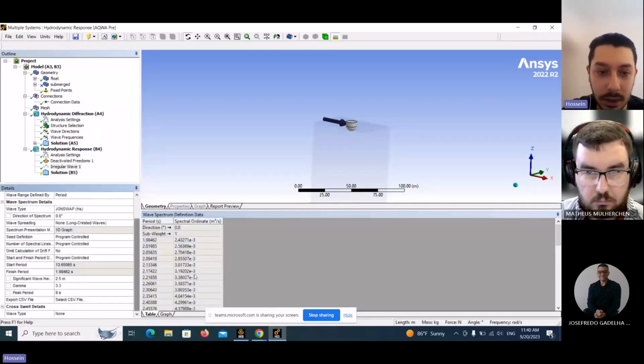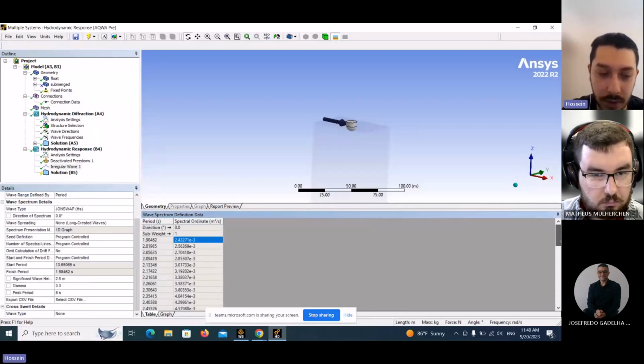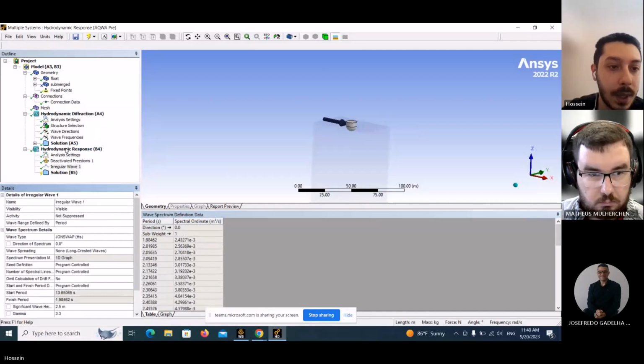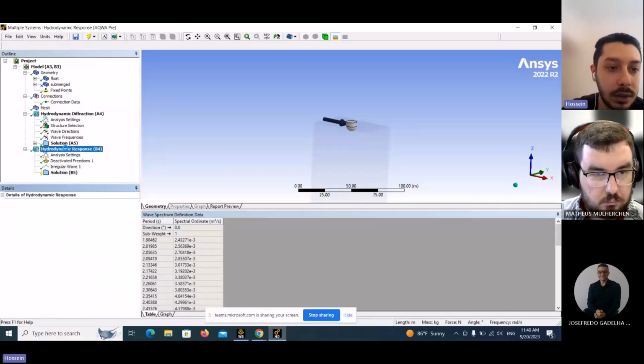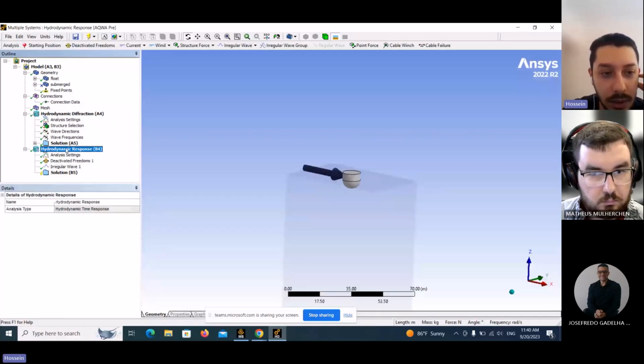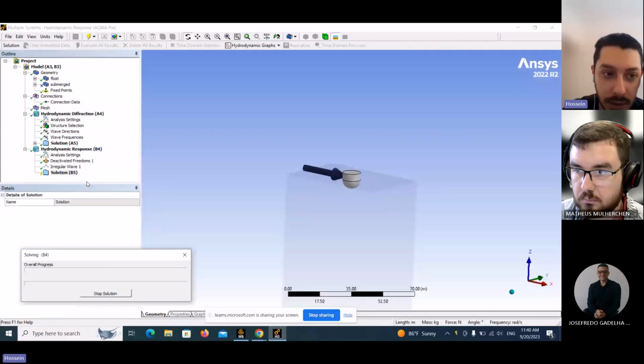You can see that it creates the spectrum based on your inputs. It's just this. And now click on solve to see the results.